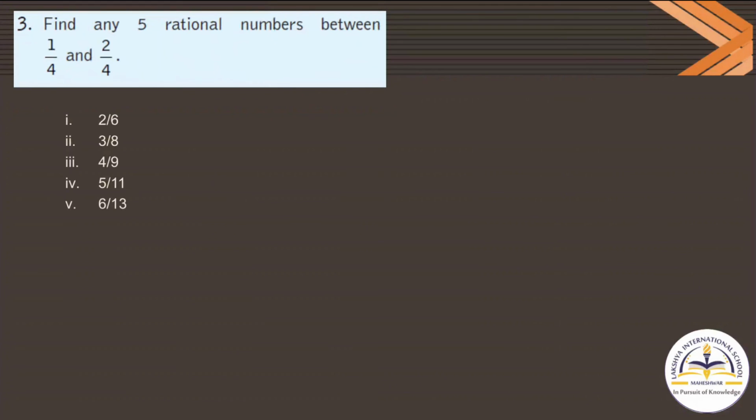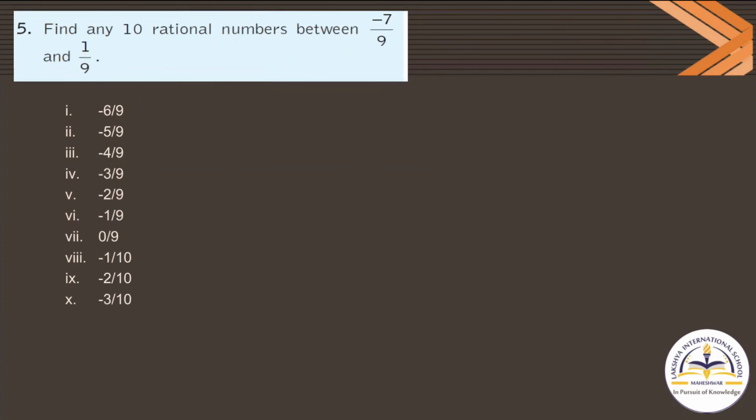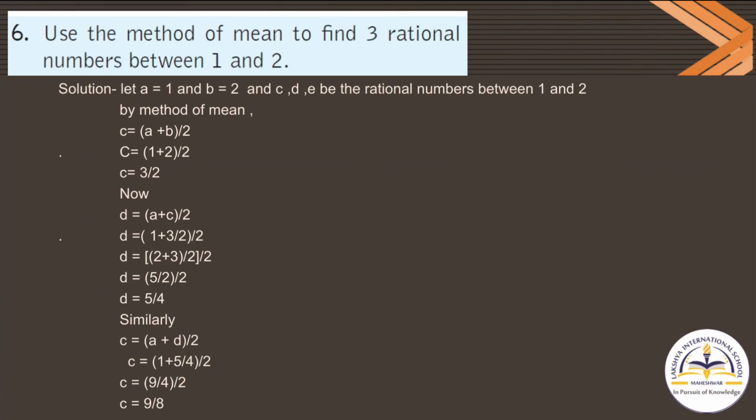When we solve 1/4 you will get the value 0.25, and when you solve 2/4 you will get the value 0.5. Now these are the values, and you need numbers in between 0.25 and 0.5. So like that you have to solve this question. In the same manner you have to solve question number 4, 5.